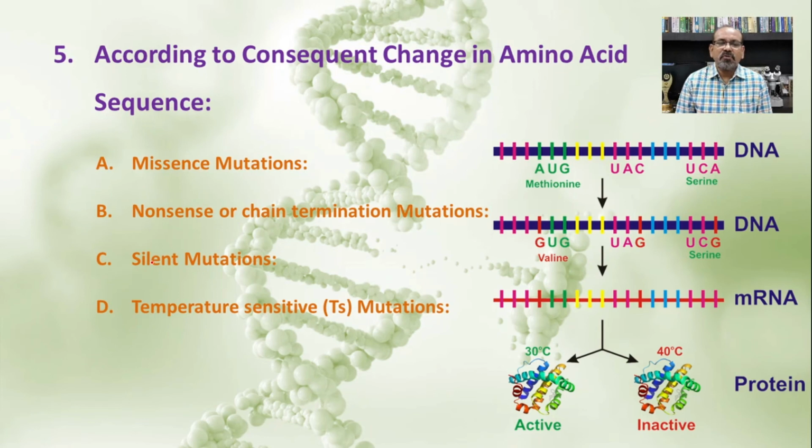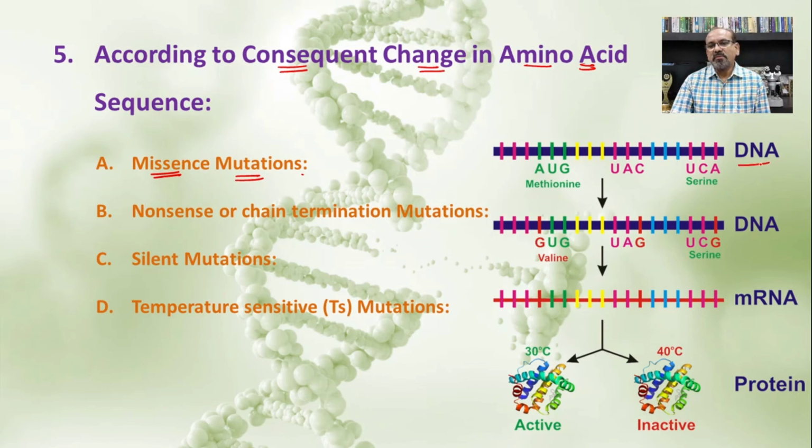And the last part of this lecture is the mutations according to the consequent change in the amino acid sequence. These are classified into 4 different types. The first one is the missense mutations. A missense mutation means that there is a mutation in a nitrogen base on the DNA molecule.